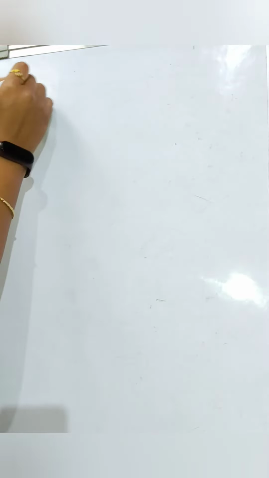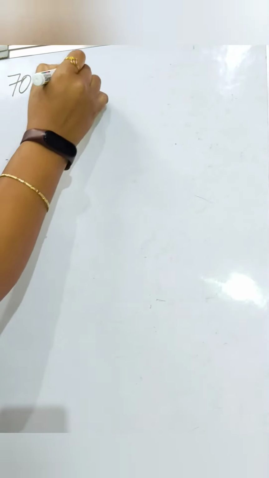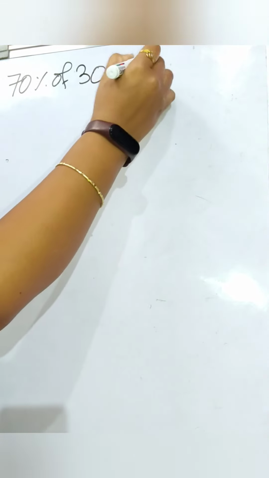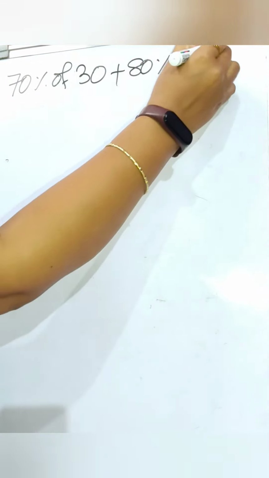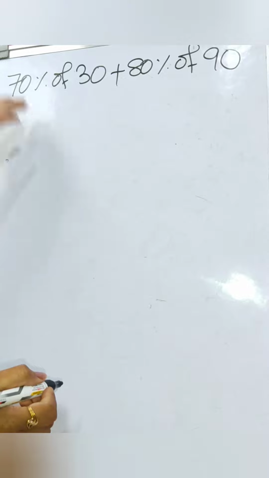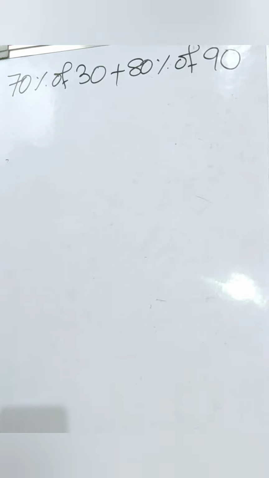Let's solve some more mathematics, but this time you will solve this. I will give you 15 to 16 seconds and let's see whether you can do this. Your time starts now.